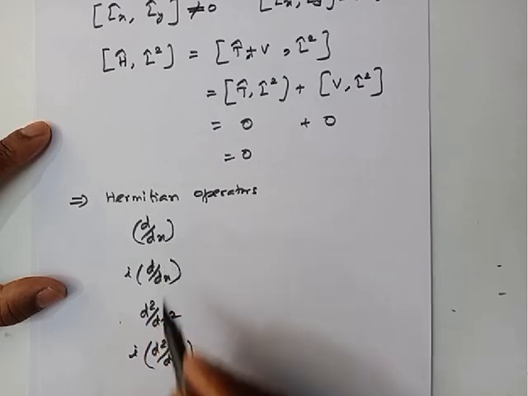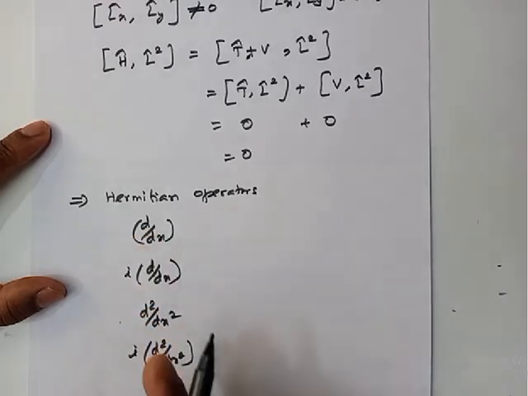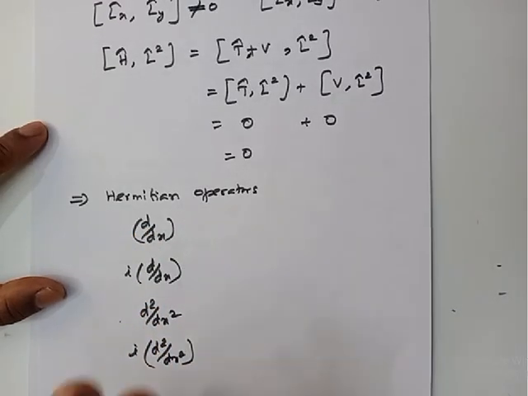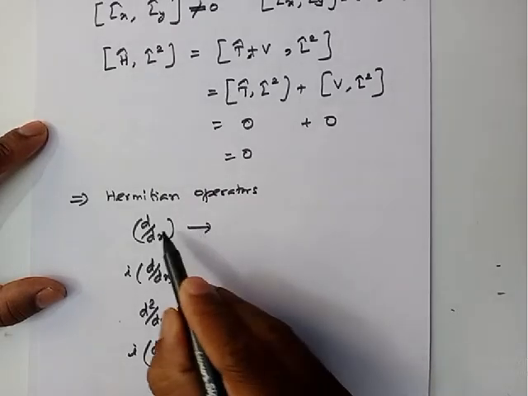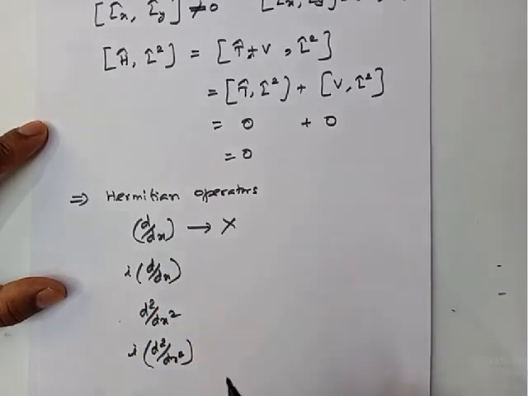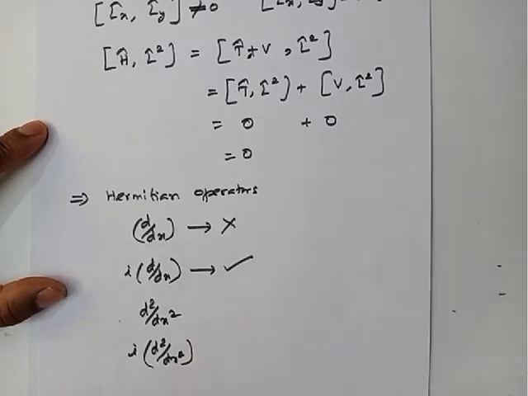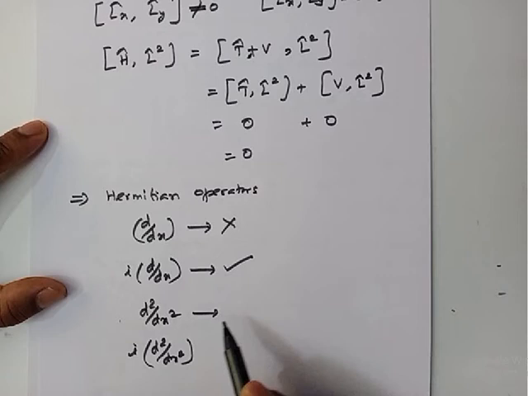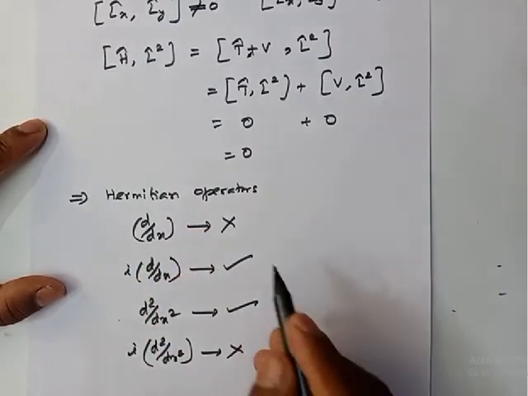Now, among these operators, which are Hermitian and which are anti-Hermitian or non-Hermitian? See, d by dx is not a Hermitian operator, whereas i into d by dx is Hermitian. d square by dx square is a Hermitian operator, whereas i into d square by dx square is not Hermitian. This information I have given already.